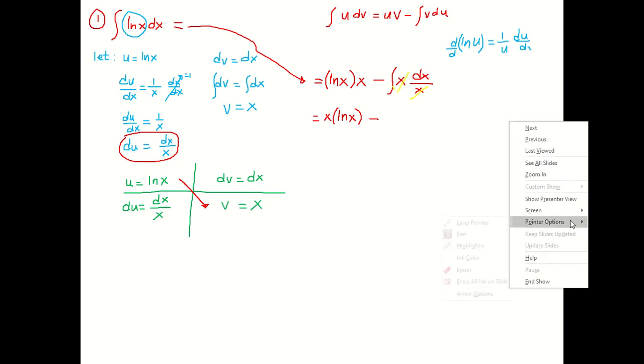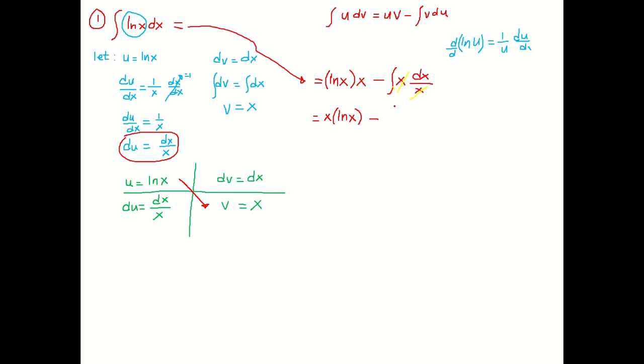So what is left now is the integral of dx. So equal to x times ln x minus, what is the integral of dx? The integral of dx is simply equal to x, then plus the constant of integration c.